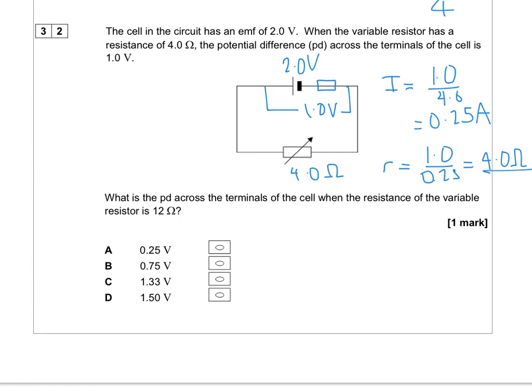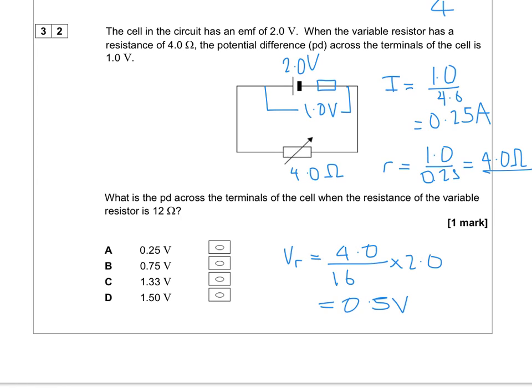So, potential difference across the terminals of the cell when the resistance of the variable resistor is 12 ohms. Now the potential difference across the internal resistance will be the magnitude of it, which is 4, divided by the total resistance in your circuit, which would now be 16, and then times by the EMF, so we're just using a potential divider equation. So it's going to be a quarter times 2, which would be 0.5 volts.